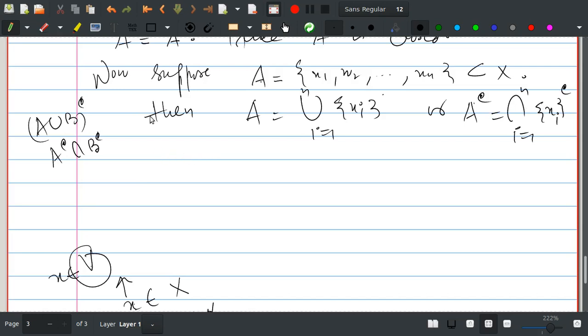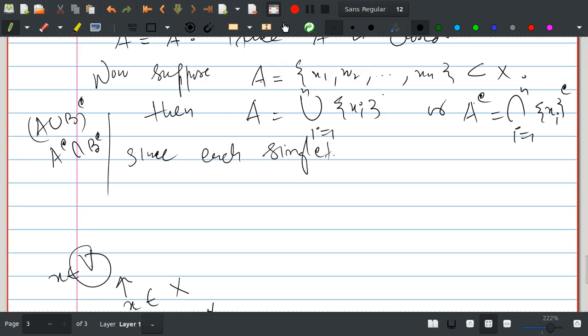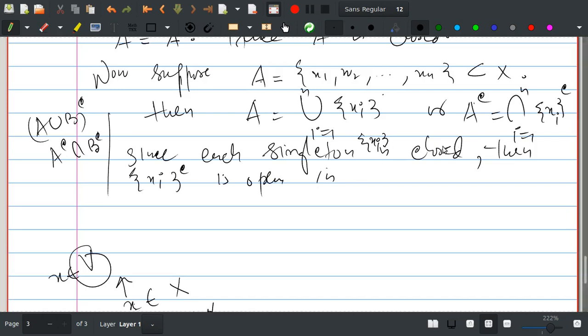So since each singleton, say x sub i, is closed, then xi complement is open in X. So this is closed in X, so this is open in X. Now X being a topological space means the topology on X is closed under finite intersections.